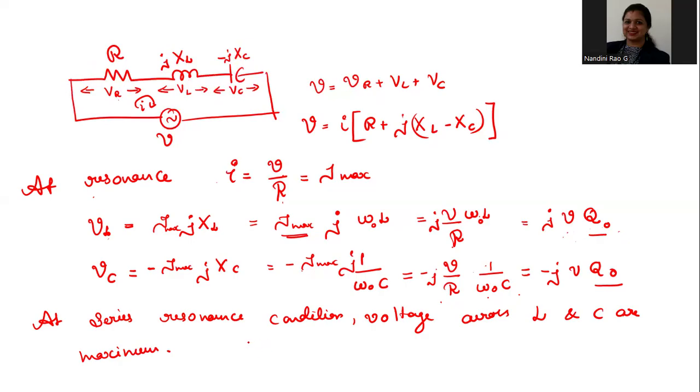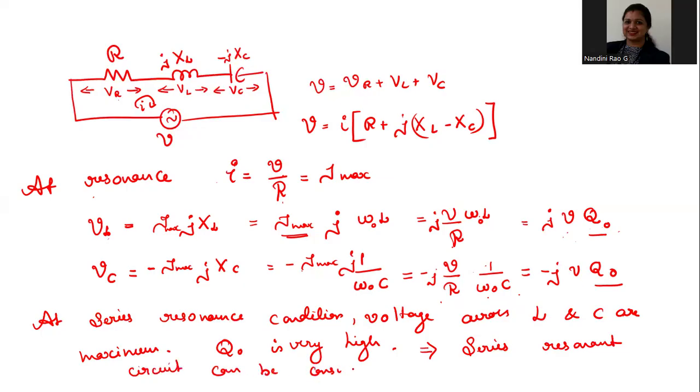And also Q naught, the quality factor, is very high at resonant condition. So series resonant circuit can be considered as voltage amplifier. Do not just write amplifier, write voltage amplifier, because it is amplifying the voltage here. Okay, understood why we are calling it as amplifier?